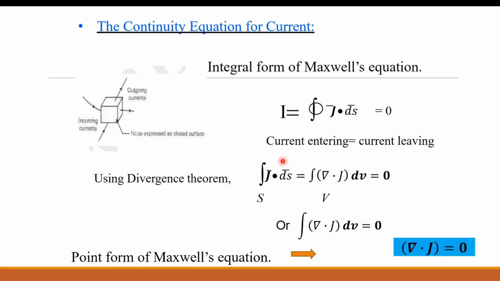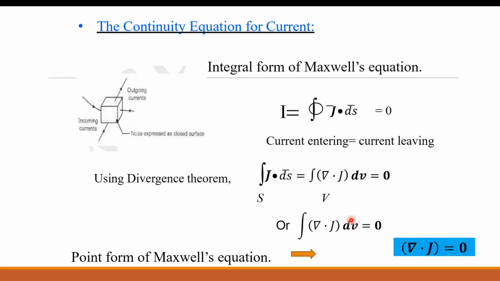Now we apply the divergence theorem. What does the divergence theorem state? Here surface integration is present, so we can relate surface integration to volume integration. So closed surface integration of j bar dot ds bar is equal to volume integration of del dot j into dv, and that is equal to 0 from equation 1. So del dot j into dv is equal to 0, but dv doesn't become 0.